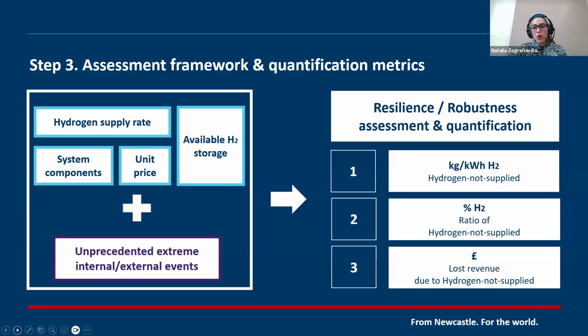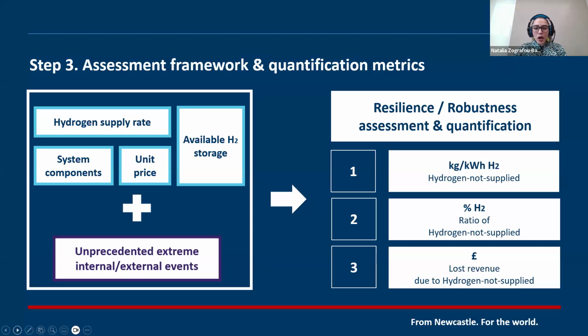The second one was what we called a ratio of hydrogen not supplied. That's a percentage. And the reason why we wanted to add this is, in case you want to compare 2 systems that are not exactly the same at design stage, for example, and for some reason they produce different amounts of hydrogen, at least the ratio will be able to tell you this will lose 3% or this 5%, depending on what has happened, so that you can compare systems that may not compare like for like.